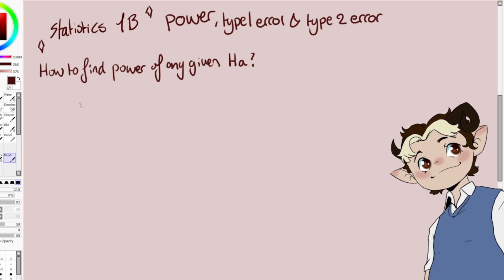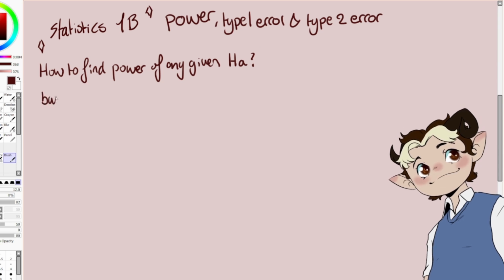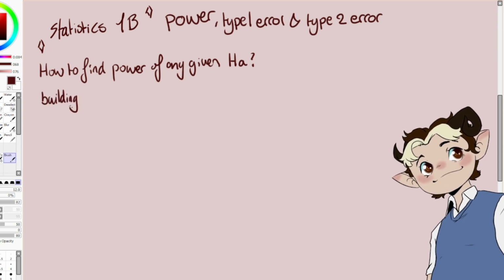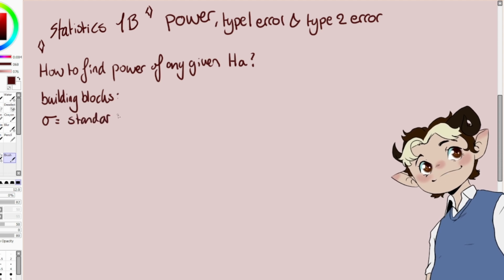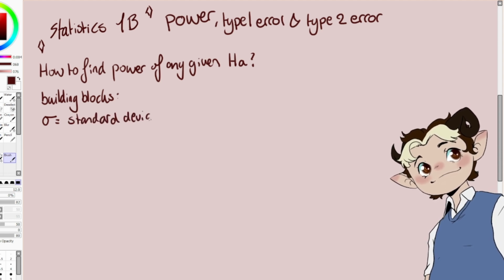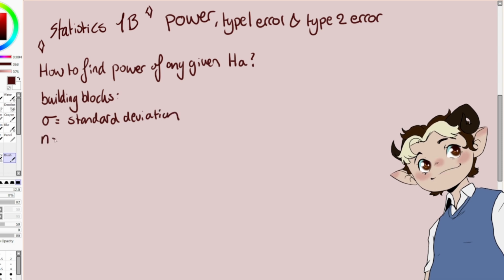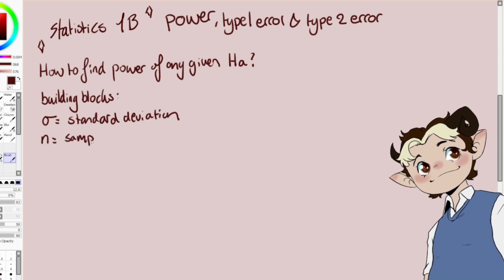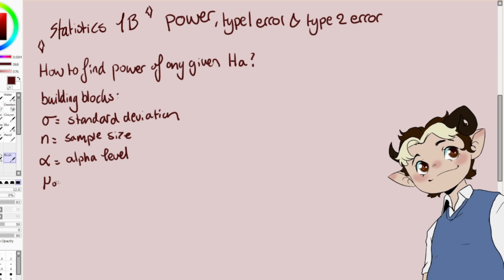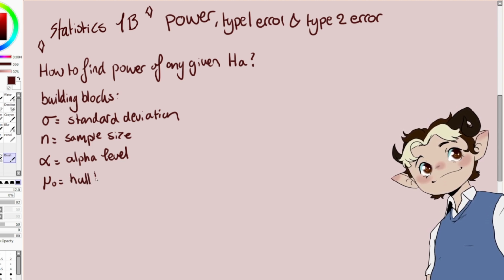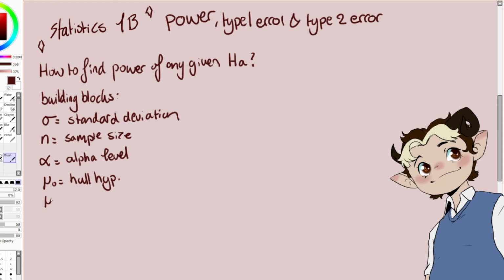So the building blocks that we're going to be using are going to be our standard deviation, our sample size, our alpha level, our null hypothesis, and our alternative hypothesis.